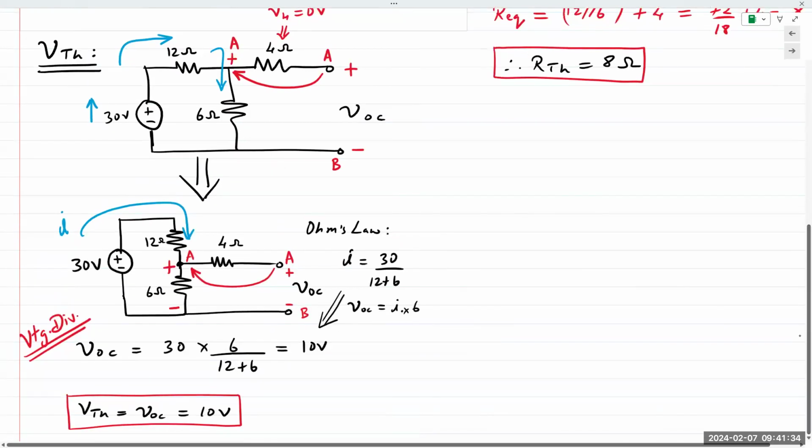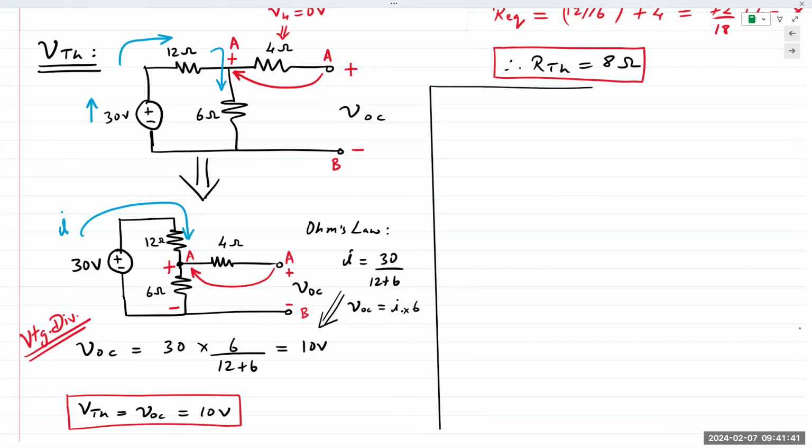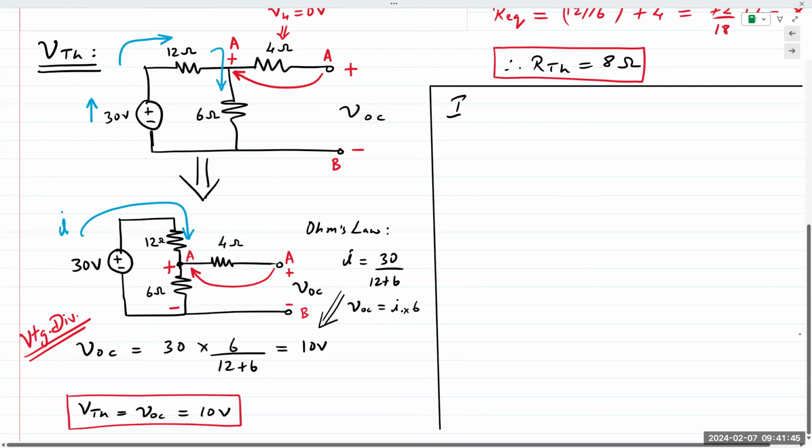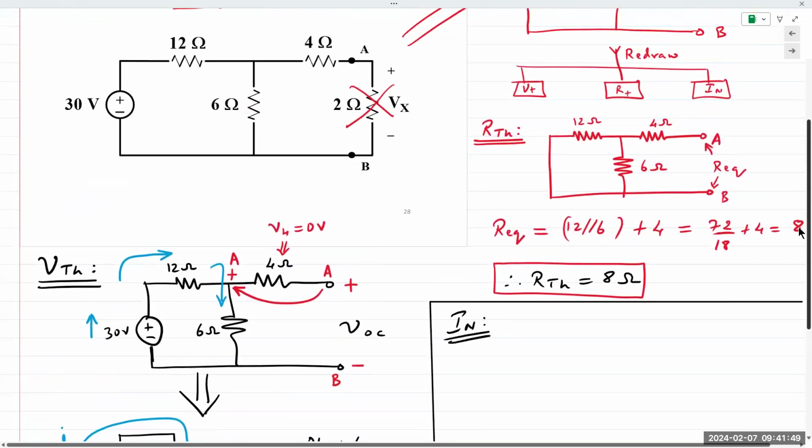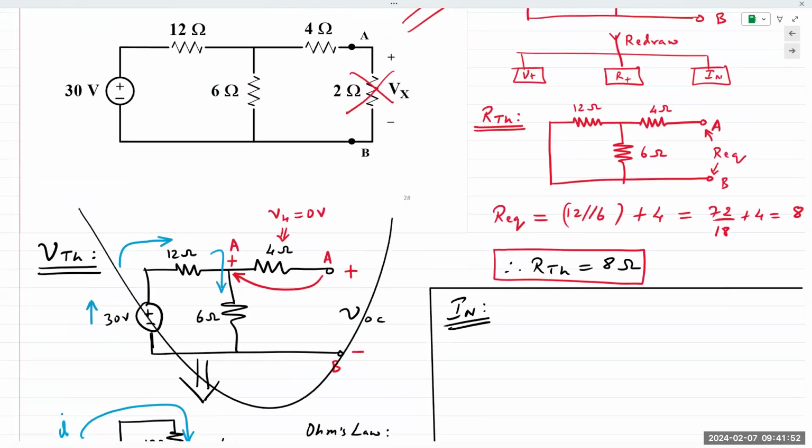Okay. Norton current. So for Norton current, again, we forget about all of this, right?